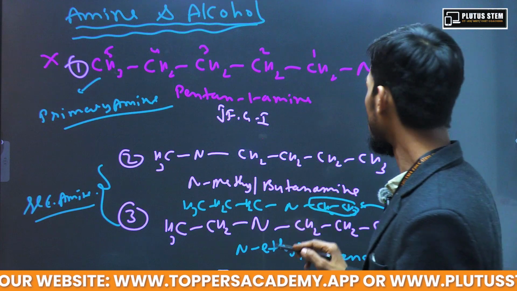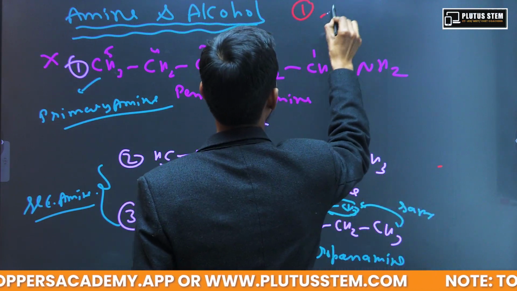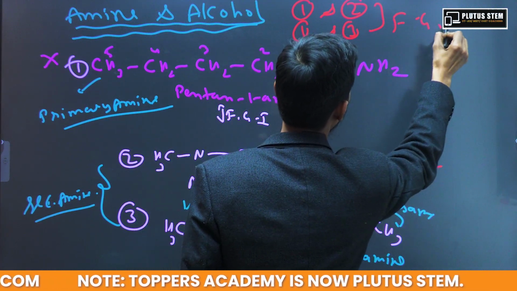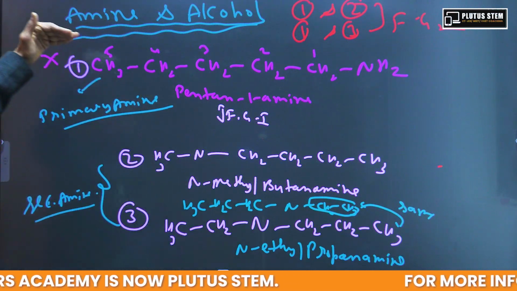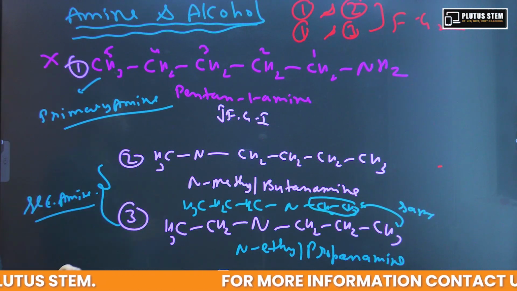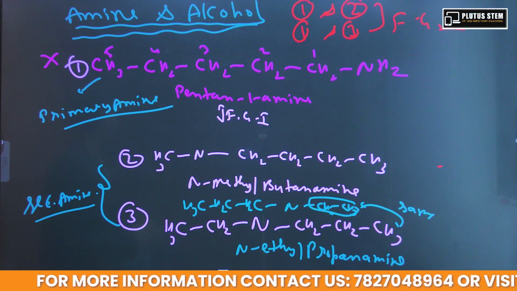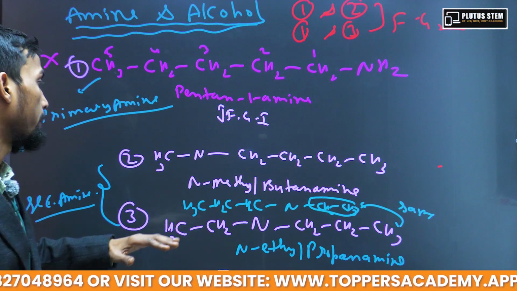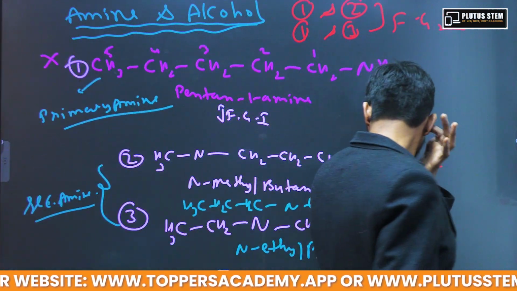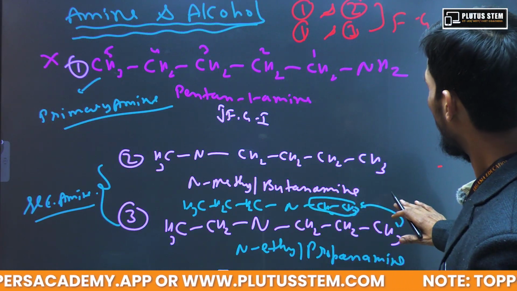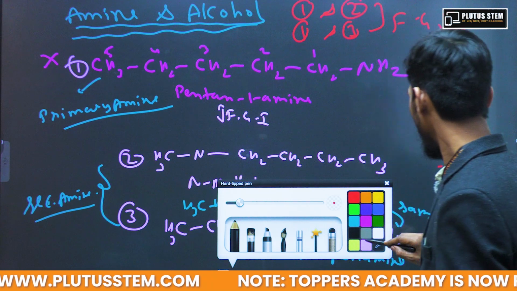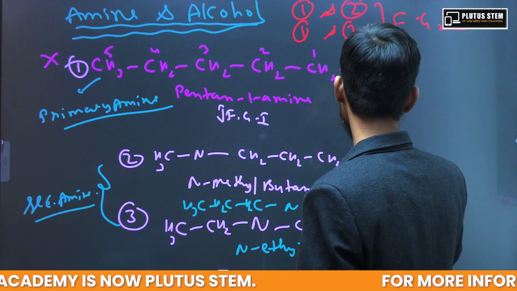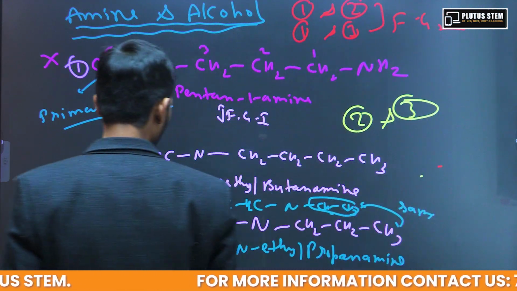If you see the relation, 1 and 2, 1 and 3 are functional group isomers, because this one is primary and this one is secondary amine. But the relation between 2 and 3 is metamers.